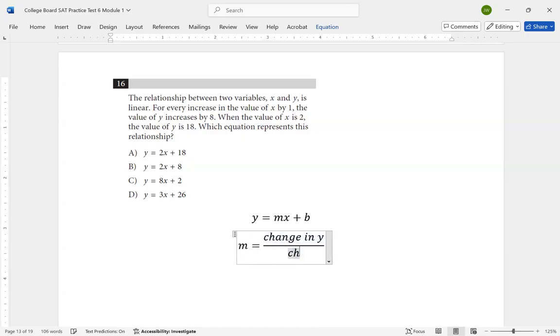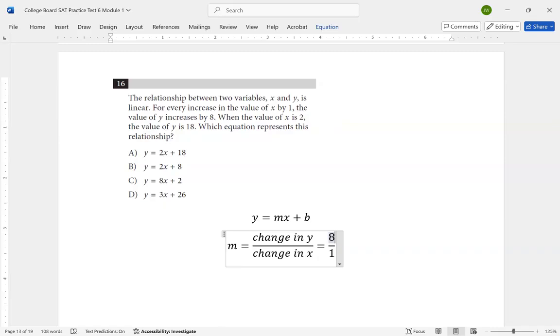I'll write the change in. Some people would write delta or y2 minus y1, but for the purposes of this question, change in y over change in x. This says for every increase in the value of x by 1, so every change of increase by 1, that's a positive 1, the value of y increases by 8.